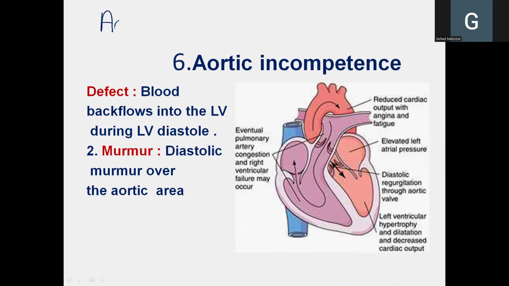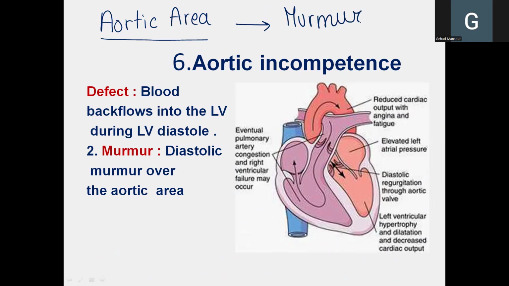So over the aortic area, when you auscultate the aortic area, if you hear a murmur, then this murmur must have originated in the aortic valve, because this is where you best hear the murmur. So you will have to ask yourself, is it a murmur of aortic stenosis, or is it a murmur of aortic incompetence or aortic regurgitation?